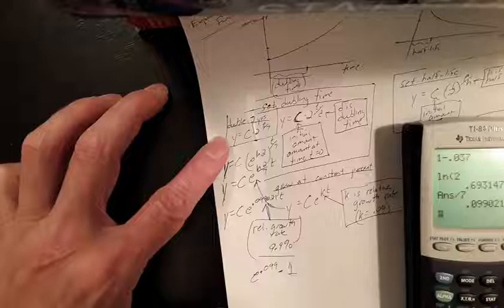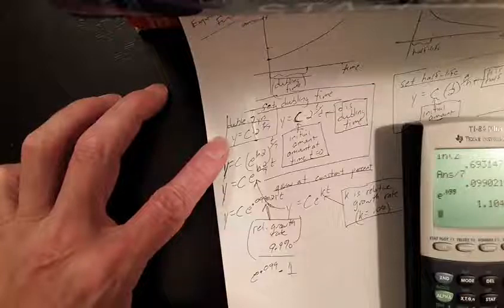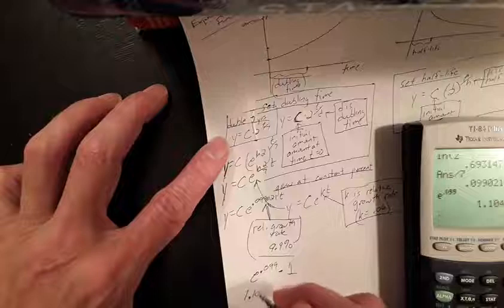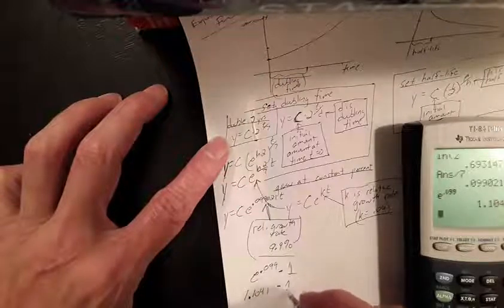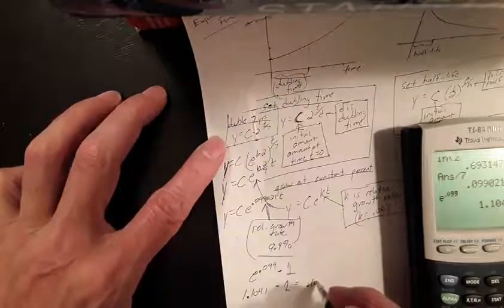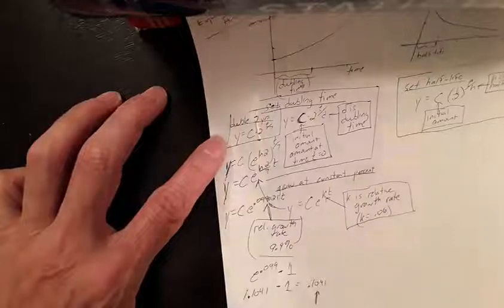So when I take e to the 0.099, that's like 1.1041, and when I subtract 1, that's giving me the 0.1041. This is the actual annual growth rate.